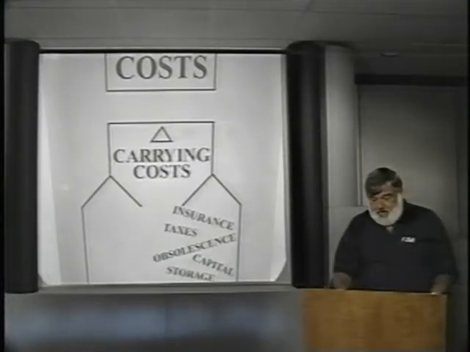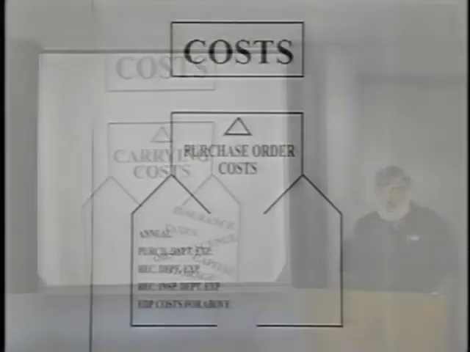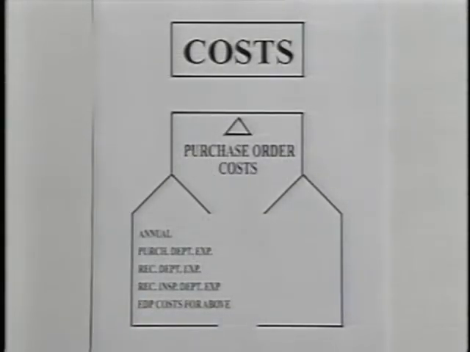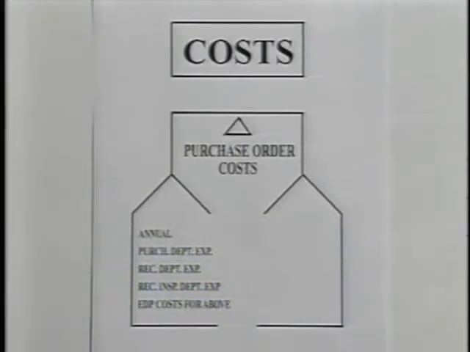Now, on page 21, we're looking at those costs that are an integral part of the purchase order costs. Now, these again are annual, and they pertain to the total expenditure for the purchasing department, the receiving department expenditures, the receiving inspection expenditures, and if any of the above 3 utilize, let's say, data processing applications, then those costs should be prorated back over the purchasing and the 2 receiving activities.